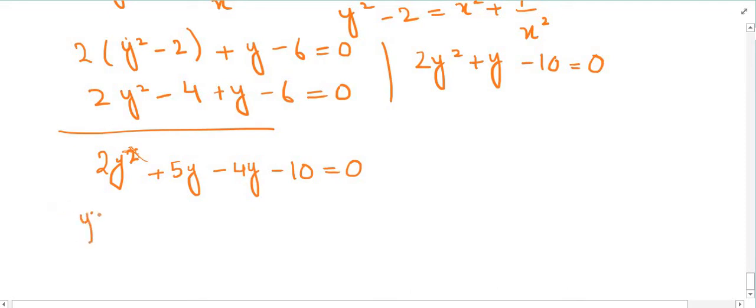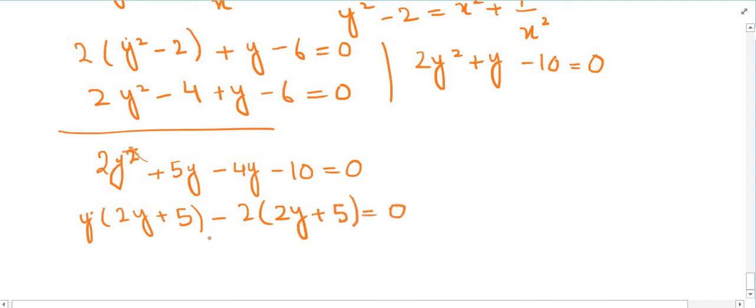This becomes (2y plus 5)(y minus 2) equals 0. You will get y equals minus 5 by 2 and 2.